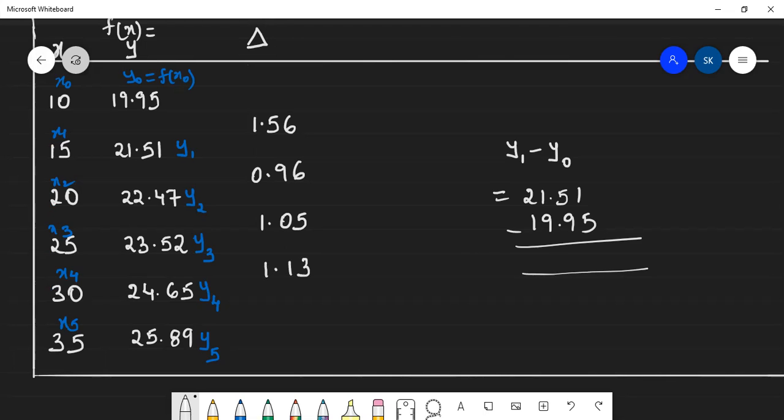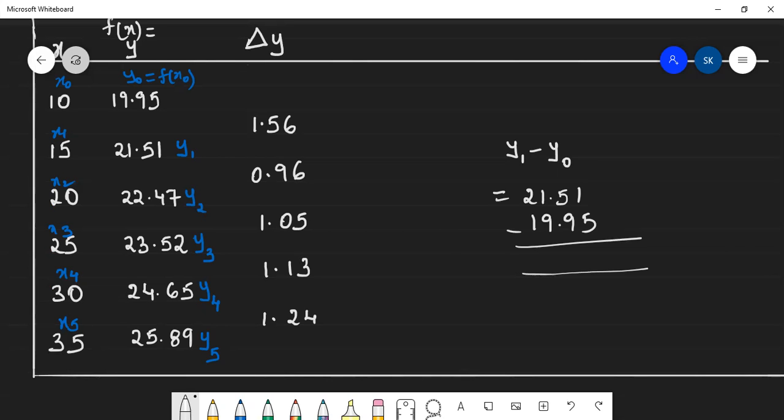Then I'm doing y5 minus y4, that is 25.89 minus 24.65, 1.24. Right? This is the first forward difference column I got.